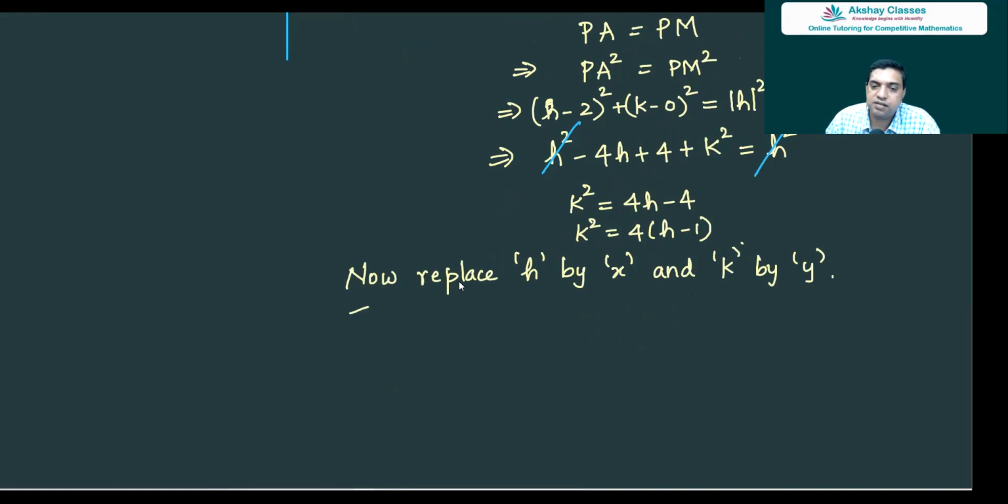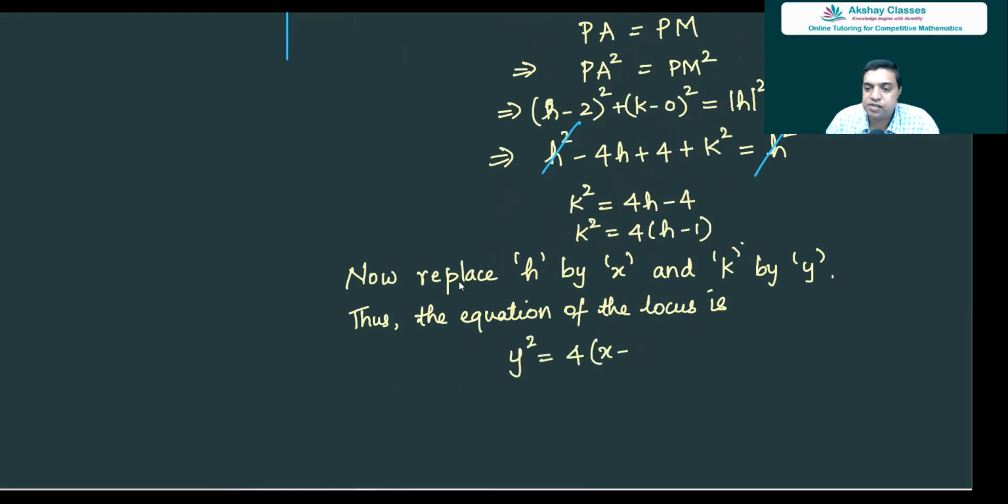Thus, the equation of the locus is y squared is equal to 4 times (x minus 1).